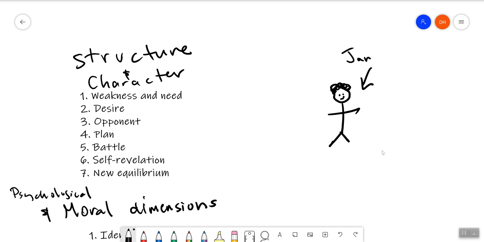The psychological need of going to school would be, well, to get an education, to become a better person, you see. But these internal and external problems are very important to distinguish because we want our character's psychological and moral need to be internal. The external ones are important, but they're not as important for building a really good character.